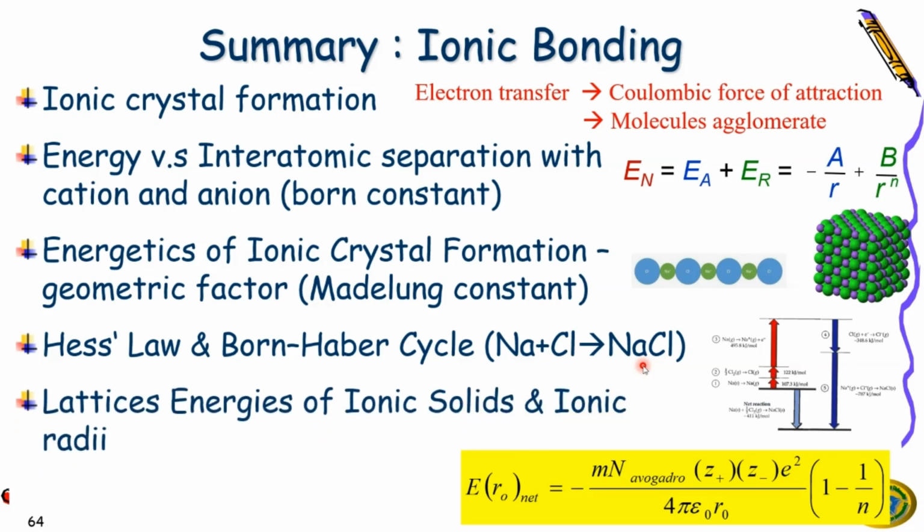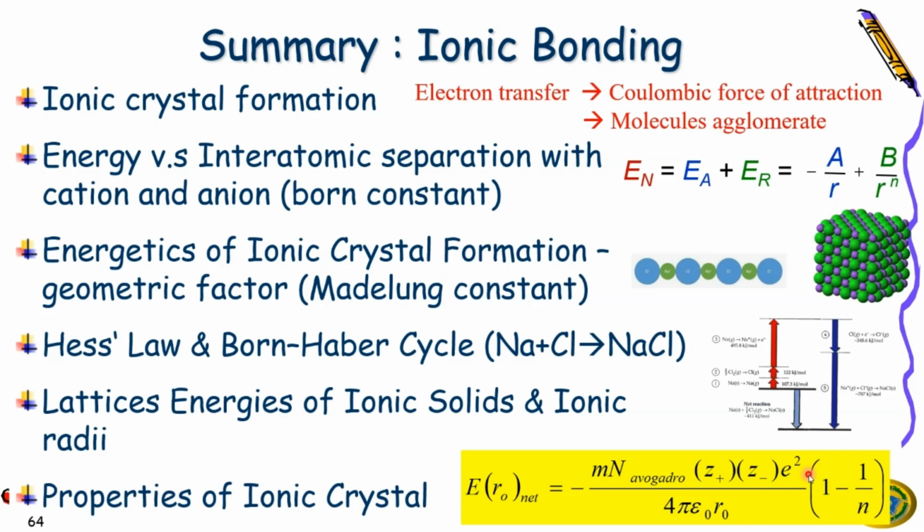Right. And then topic 5 is the lattice energies of the ionic solid. This is an equation, and they have attraction energy and repulsion energy. And finally, we talked about the properties of the ionic crystal. Ionic crystal is strong but brittle, right?